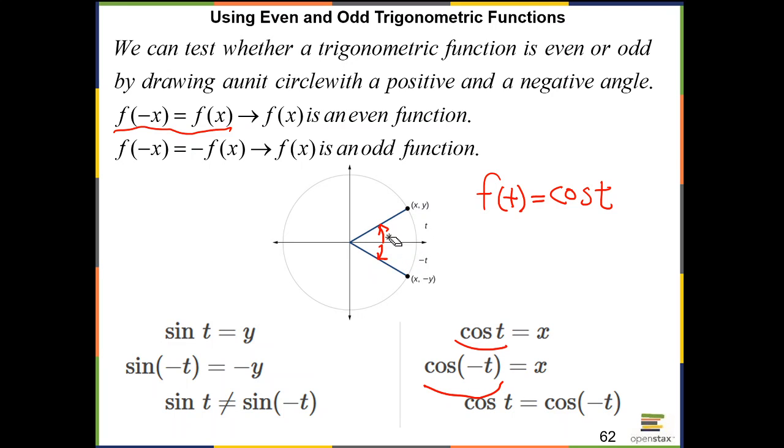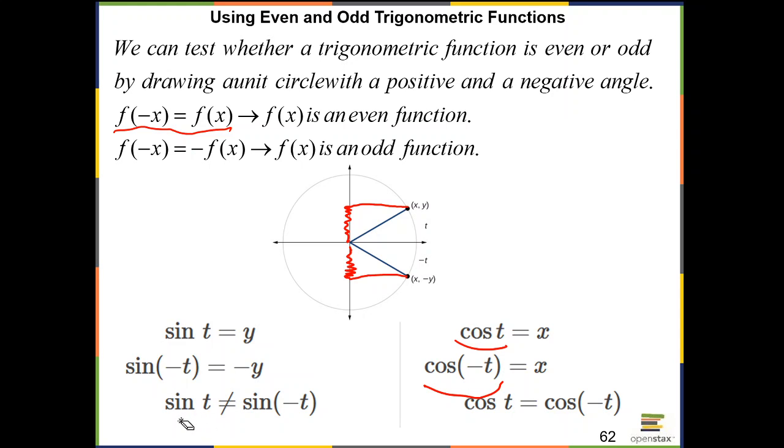Now for sine, on the other hand, sine of t is this distance here, but the sine of negative t is this distance. So that means sine of negative t is negative sine of t.